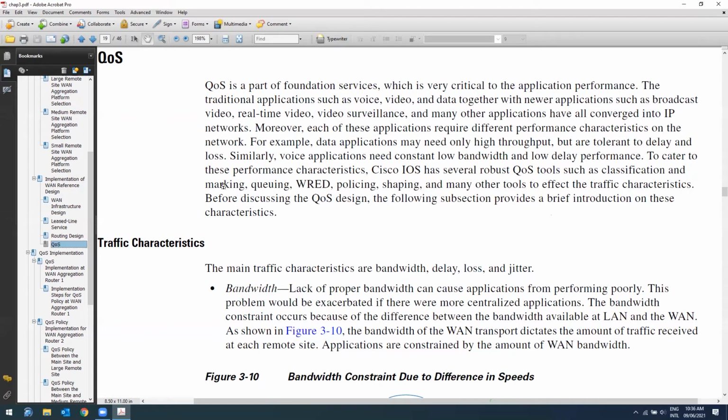So what this is saying is, in one network, okay, you have so many things. Okay, you have servers, you have broadcast videos, real-time videos, video surveillance, all these things come into one. Okay, but all applications, they have different level of the accessibility or the requirements they want from the network, the bandwidth.